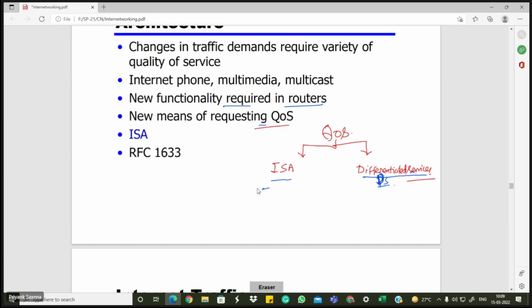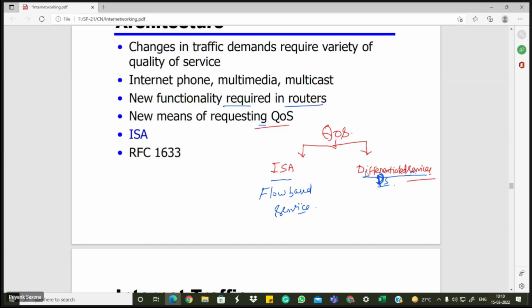ISA is a flow-based service. What is a flow? A set of packets originating from the same source to be delivered at destination, and they seek similar kind of services during their transit in the network.